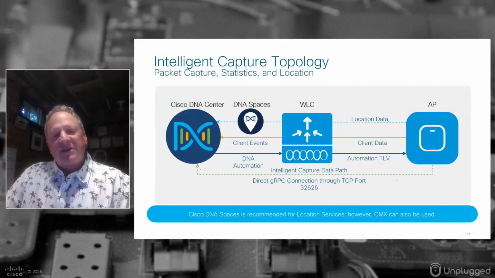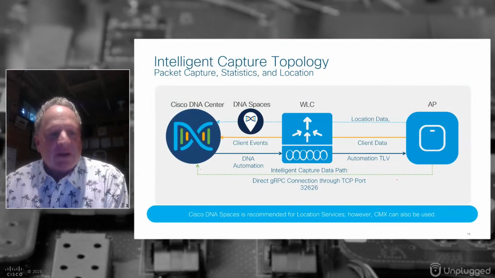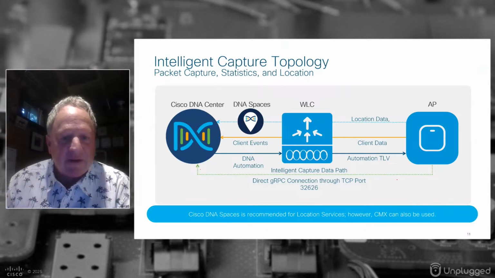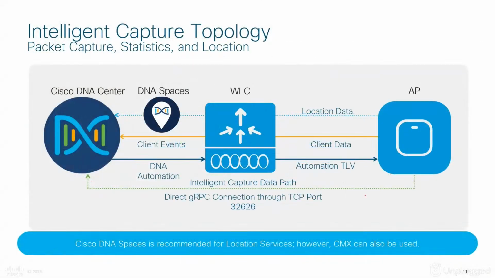And then the architecture, this is kind of what it looks like. Three main components here, no surprise. We've got an AP, a wireless LAN controller, and Catalyst Center, also sometimes called DNA Center. And we've got the location data that's being sent at the top. Today that includes, in some cases, BLE RSSI data, or Wi-Fi RSSI data, or on the new Wi-Fi 7 APs, ultra wideband data.